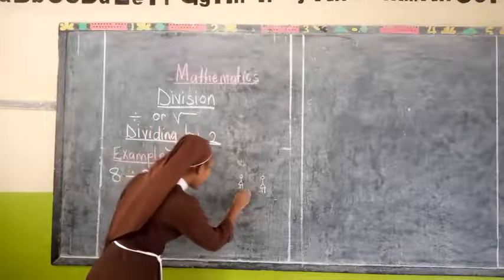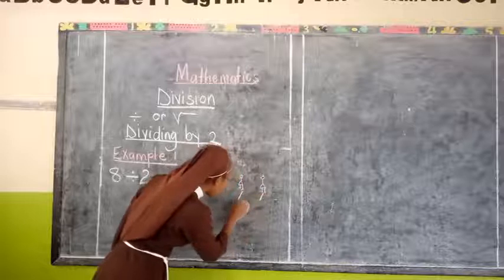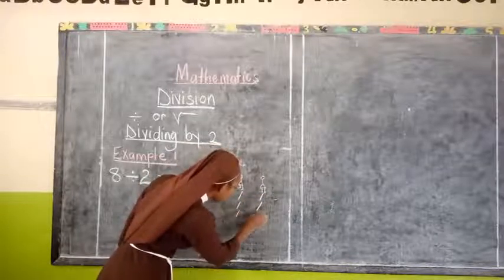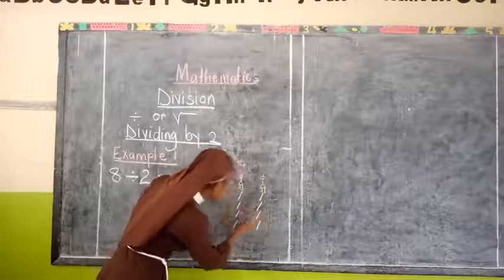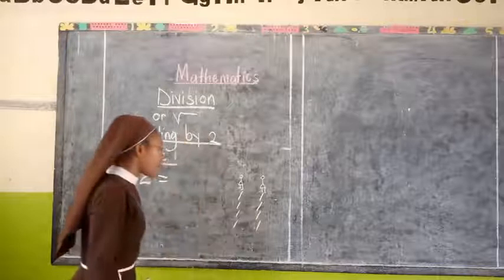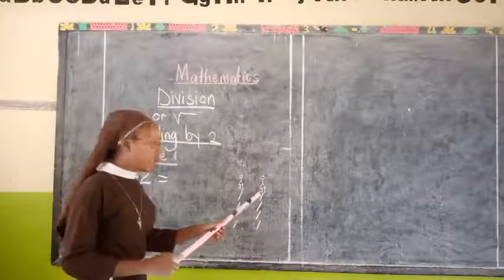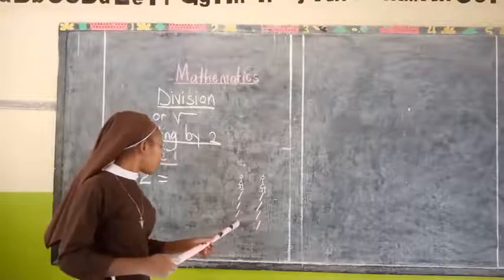So let's share 1, 2, 3, 4, 5, 6, 7, 8. We have counted the 8 sharing or dividing by 2.